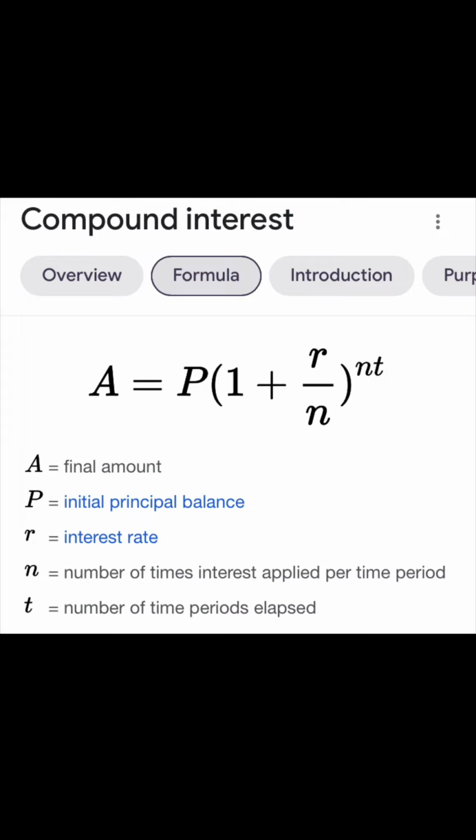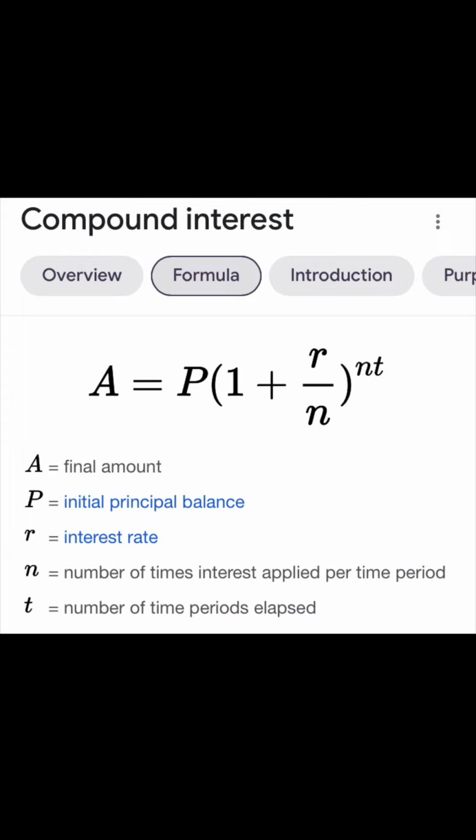So I did 30 years, basically. So I took out the calculator, moved it horizontally on my iPhone, and did 100,000 times 1.1 to the 30th power.